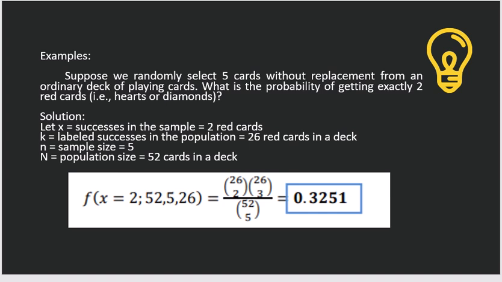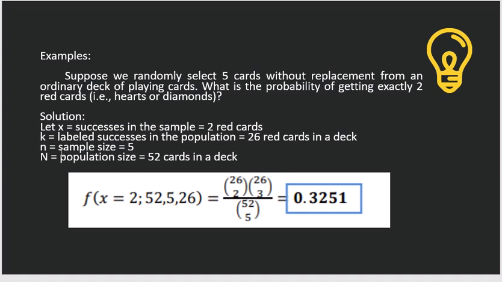We have the diamond and hearts for the red, and the club and the spade for the black. Here, hearts or diamond, we are talking about the red card. So, let X be the successes in the sample, 2 red cards. K will be the label. We have 26 red cards out of 52 cards, so 26 red cards, either heart or diamond.